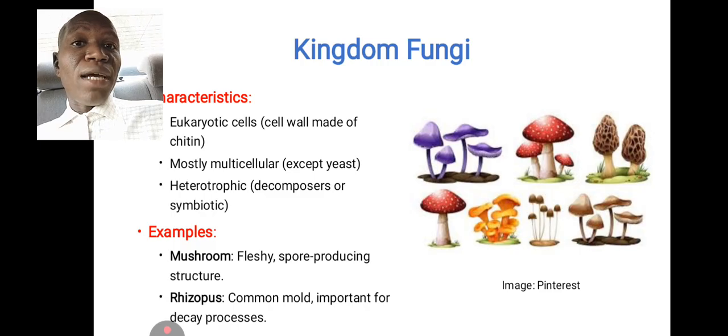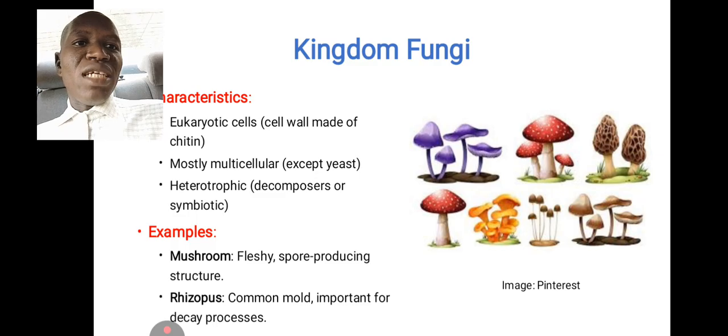Now, if I were the examiner, I can ask this question: what's the difference between plants and fungi when it comes to their cell structure? Or I will say one of these is found in plants and is not found in animals, or is found in fungi and is not found in plant cells.